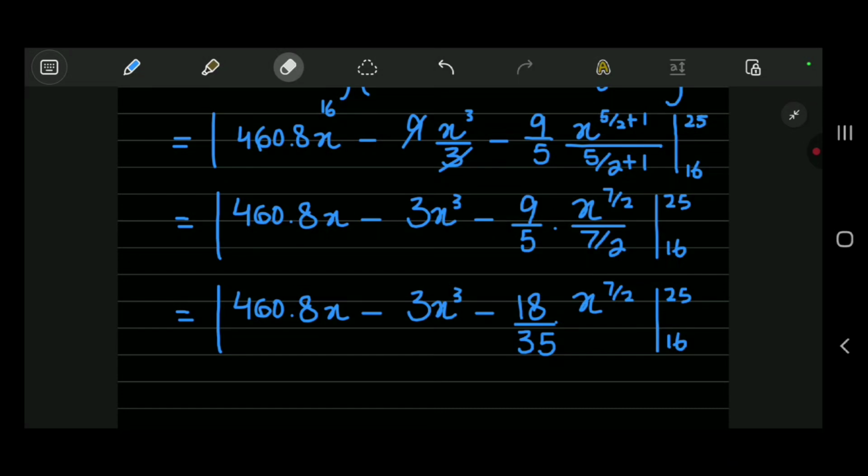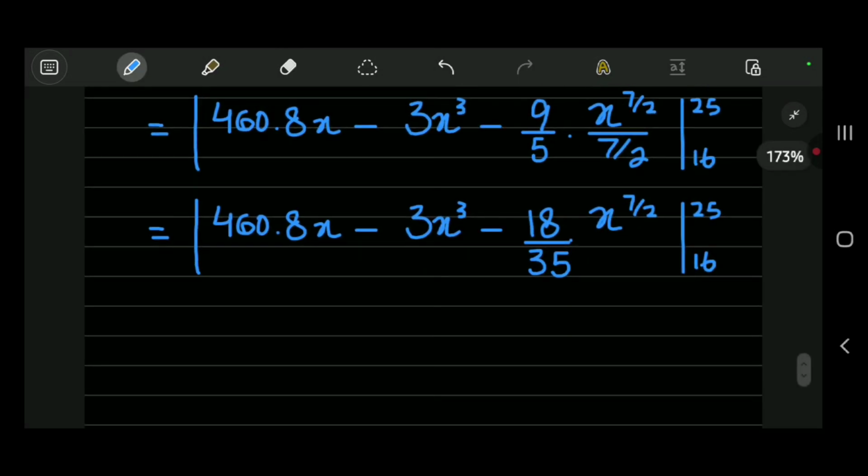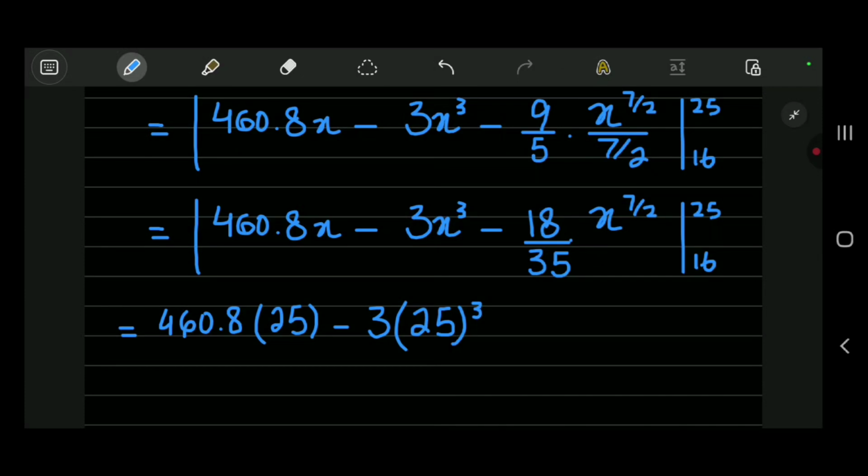Then we will be doing, equals, putting in the values: 460.8 times 25, minus 3 times 25 cubed, minus 18 over 35 times 25 to the power 7 over 2.